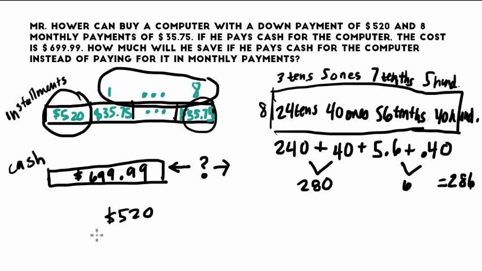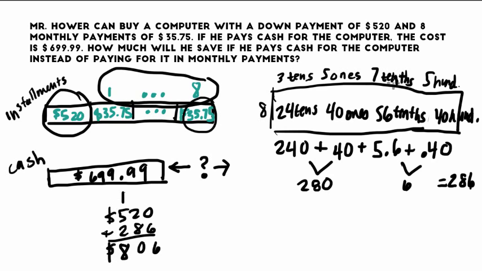520 plus 286 is, let's carry the 1, it would be $806.